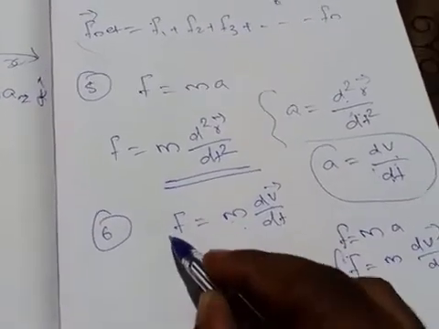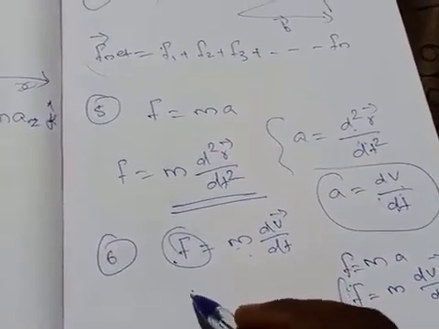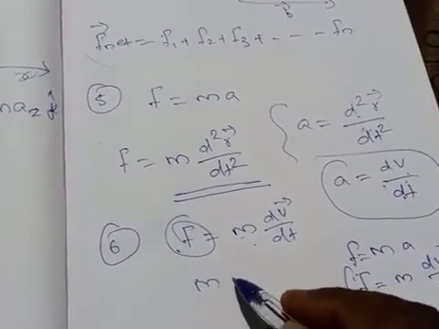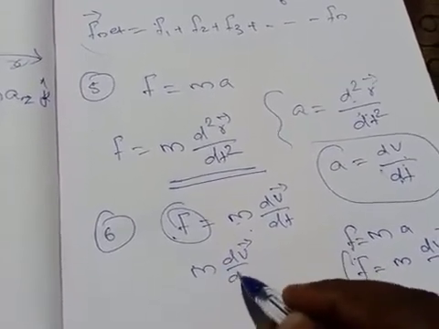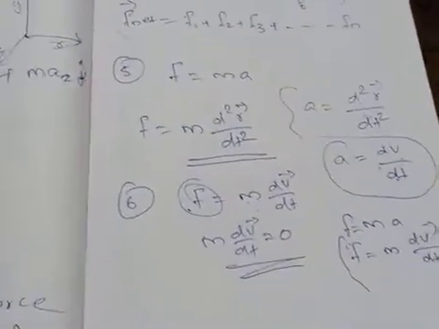So if no force is acting on the body, force is zero, which means m dv by dt is equal to 0. This is the sixth point.